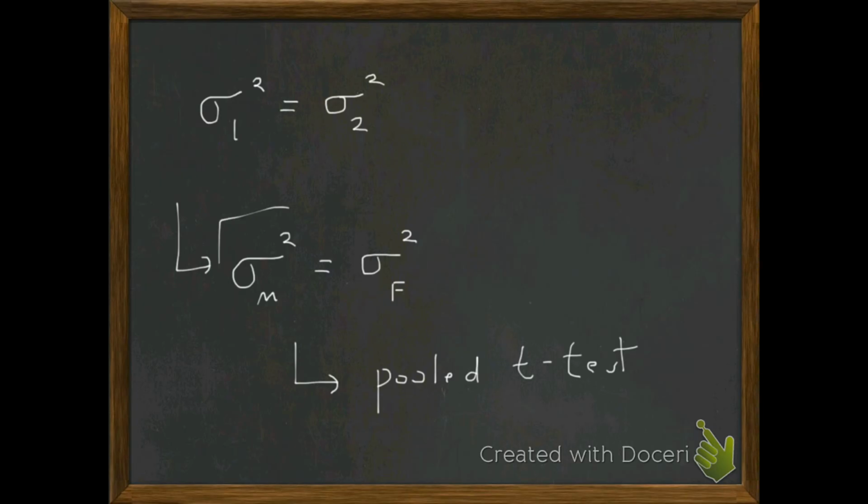Guys, we cannot run this pooled two-sample t-test unless we are absolutely, positively certain that the equal variance assumption is satisfied.